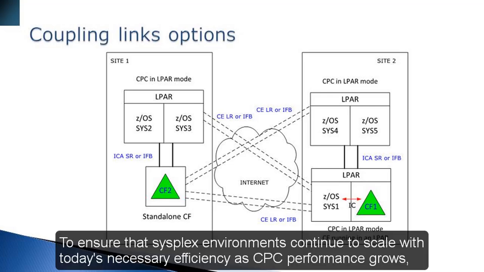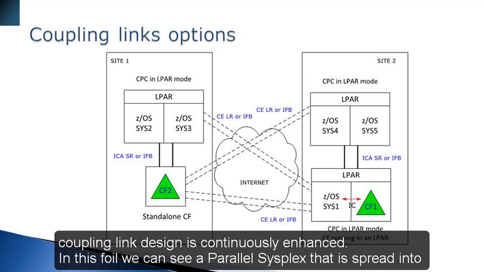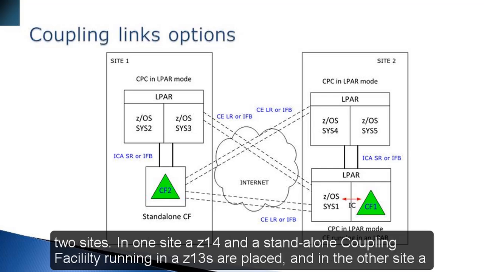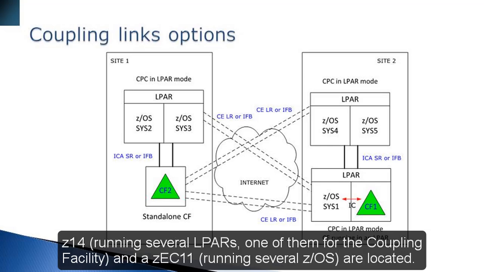To ensure that Sysplex environments continue to scale with today's necessary efficiency as CPC performance grows, coupling link design is continuously enhanced. In this foil we can see a parallel Sysplex that is spread into 2 sides. In one side, a z14 and a standalone coupling facility running in a z13S are placed, and in the other side, a z14 running several LPARs, one of them for the coupling facility, and a CEC running several z/OS are located.